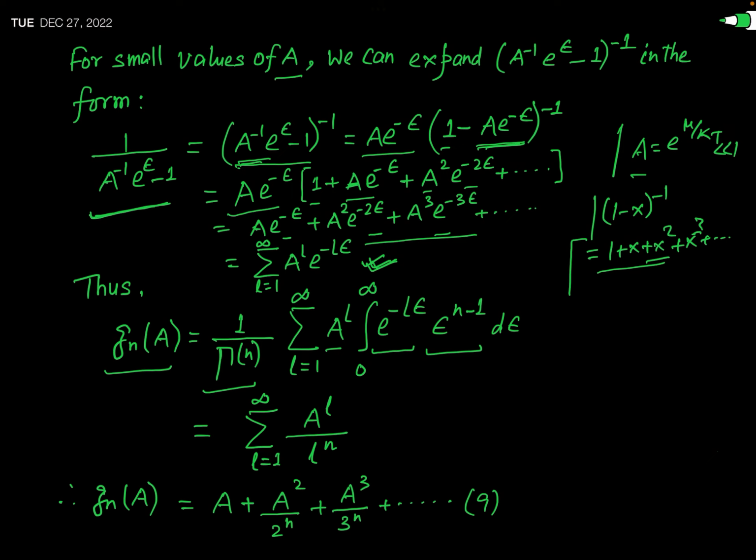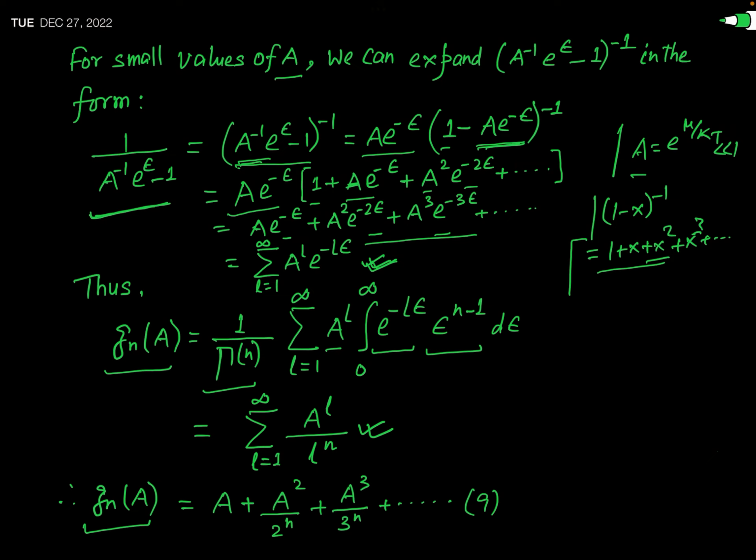Now this can be written as g_n(a) equal to the summation over l from 1 to infinity of a to the power l divided by l to the power n. And when you put in the limits, let us see what the result will be. Let us put l equal to 1.